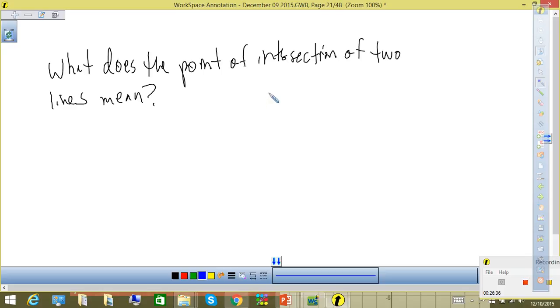It's the X and Y, and we use that for substitution. Okay. But what does it mean? Somebody walks in right now, and they see you graphing, and they're going to ask you, what does that point mean? What would you say? It's a solution.